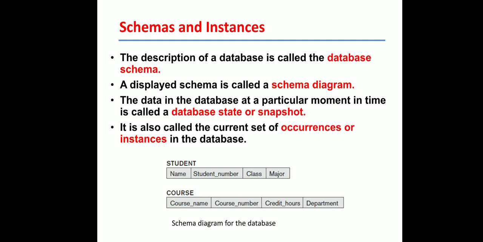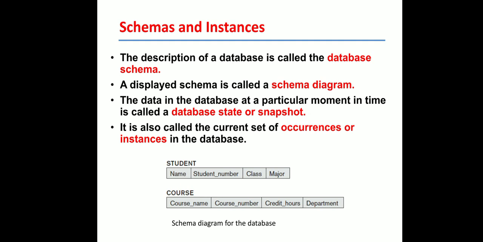Then if I represent the same database in the form of diagrams, that diagram we call a schema diagram. Here is one example of a schema diagram. We have two entities here. One is student, one more is course. Student has attributes name, student number, class and major.